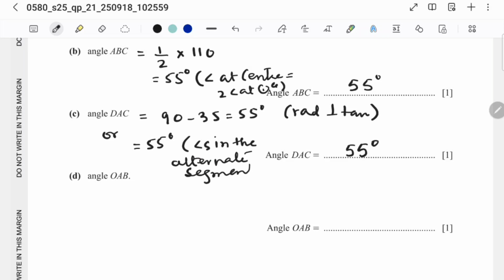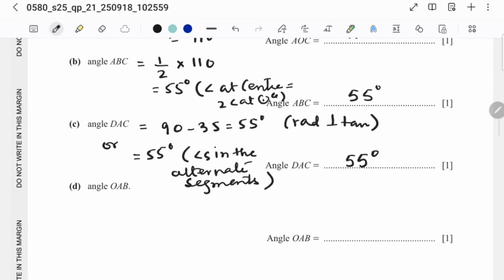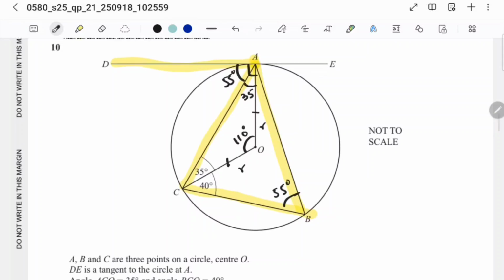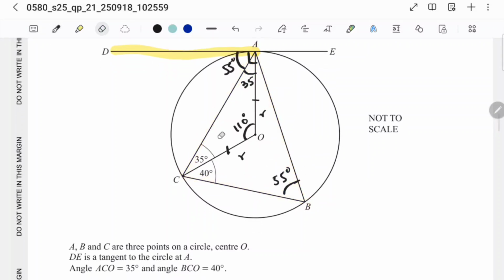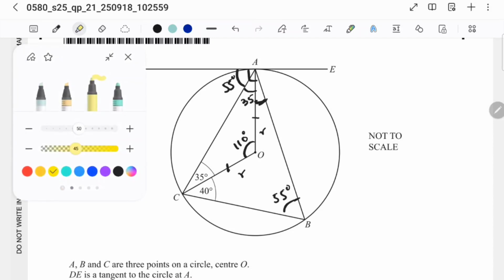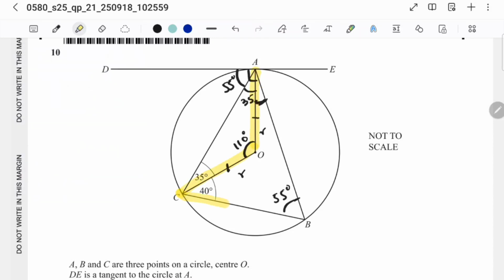All right. The next part is angle OAB. OAB is required here. So O to A to B, only this angle. Remember, for this angle OAB, if I take it as X, then X plus 40 is equal to 55.